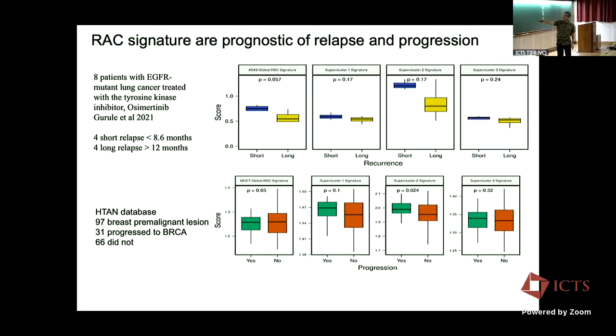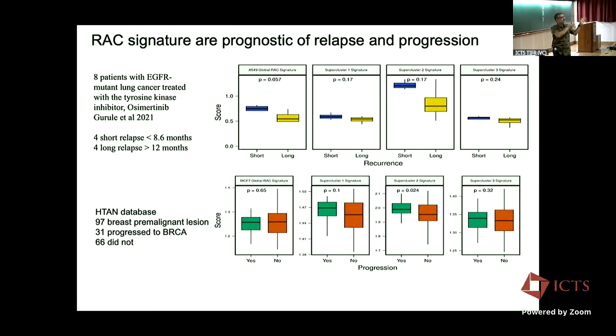That's the case. And this is another data set where we have pre-malignant lesions in breast, and some of them went on to become breast cancer, and some did not in the observation period. Again, we asked whether the ones that went on to become cancer have higher resistance signatures, which is the case.